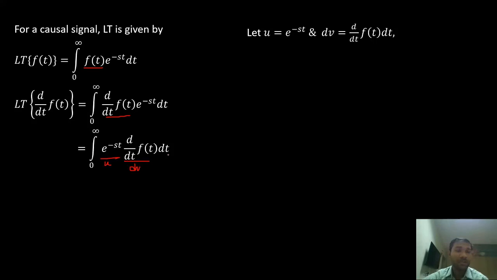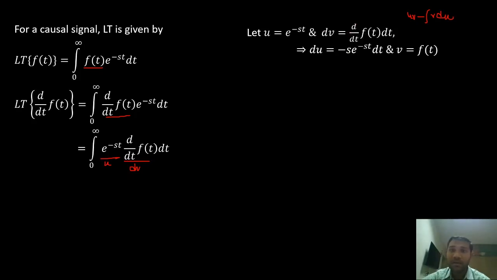Integral u dv is nothing but uv minus integral v du. Now, when u is e power minus st, what happens to du? Du is equal to e power minus st dt multiplied with minus s, and dv is equal to differentiation of f of t dt.